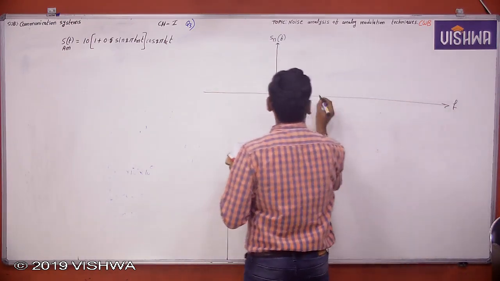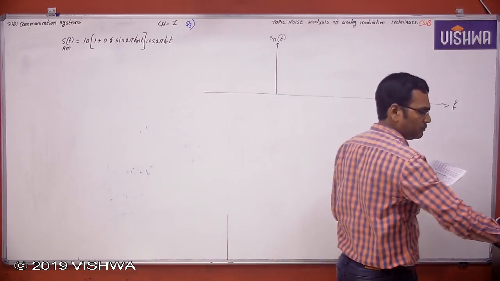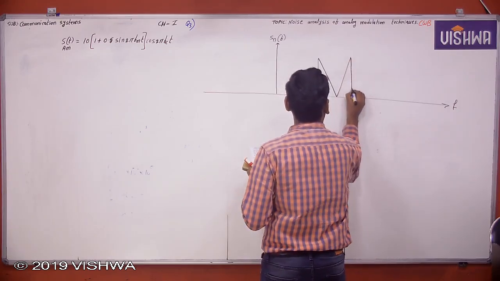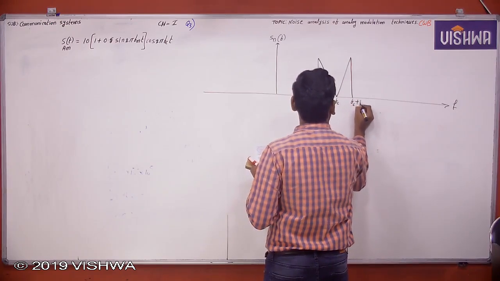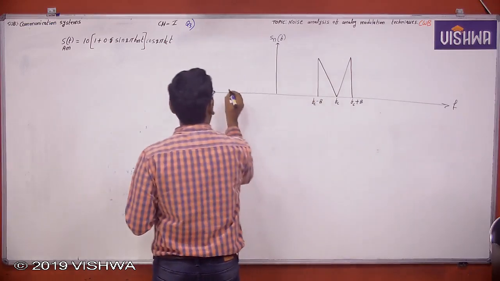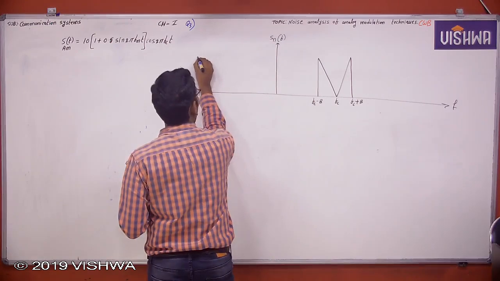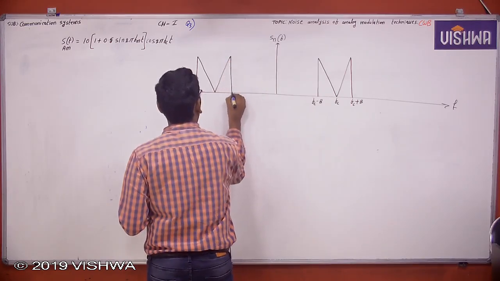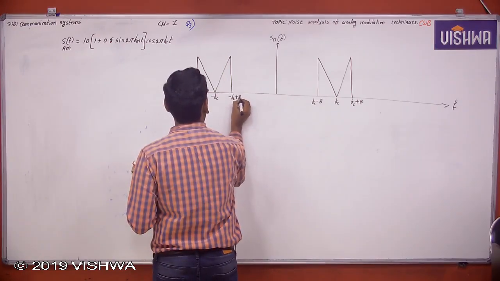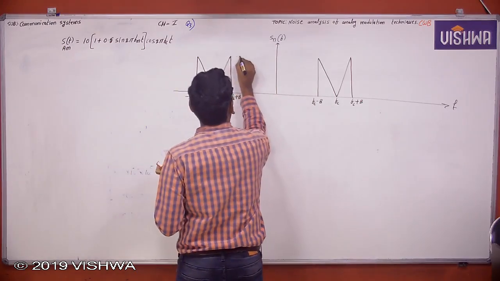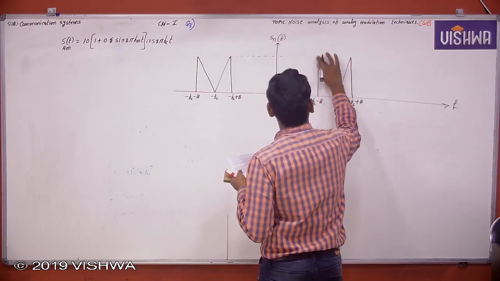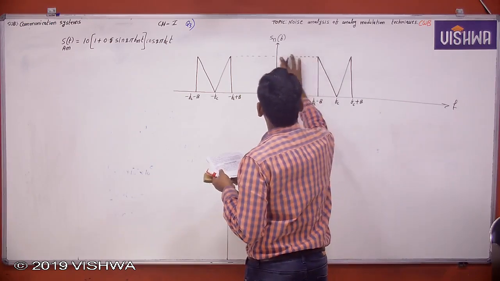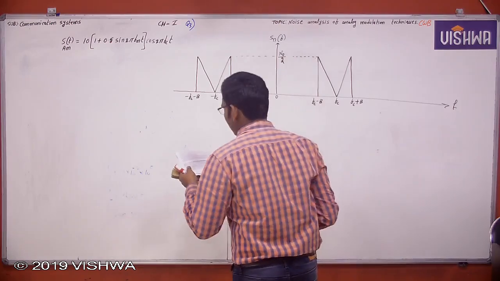This is a noise whose power spectral density is given to you. Now this is the noise power spectral density which is given to you.